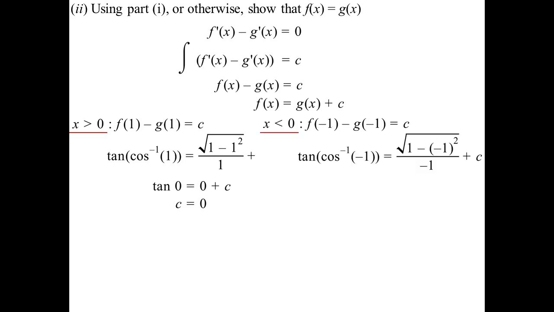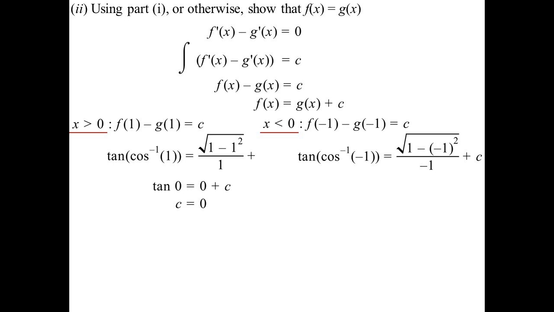Well, the inverse cos of 1 is 0, and the tan of 0 is 0. And looking at that square root, 1 minus 1 squared is also 0. So we've ended up with 0 equals 0 plus a constant. Well, the constant must be 0.